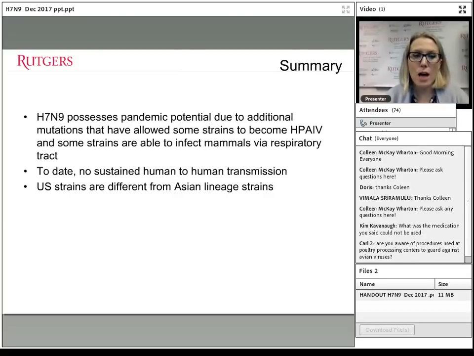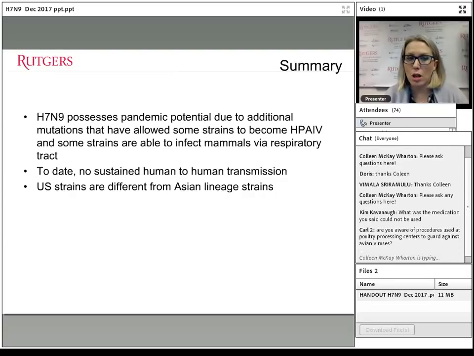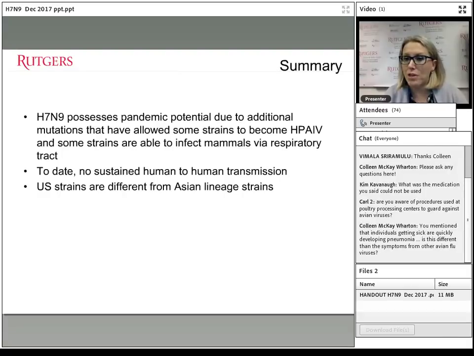All right, and then to summarize, H7N9 does possess a very high pandemic potential due to the additional mutations that have allowed some of these strains to become highly pathogenic, but also due to our lack of immunity. But to date, just to remind you, no sustained human-to-human transmission has occurred with these viruses, although there have been some person-to-person transmission documented.